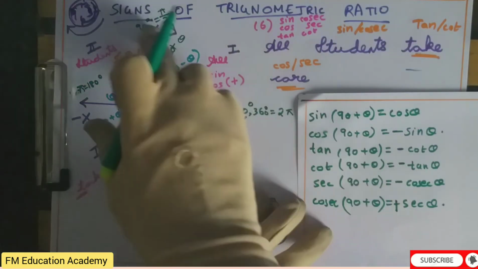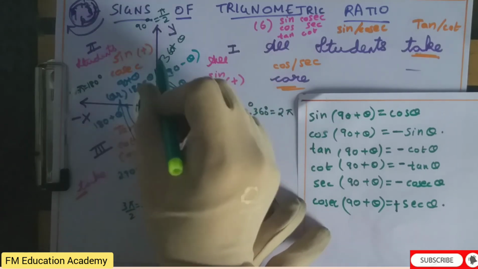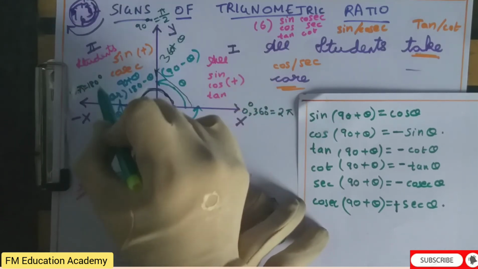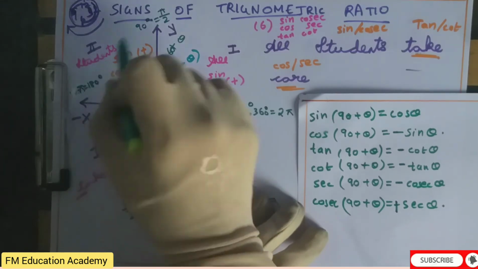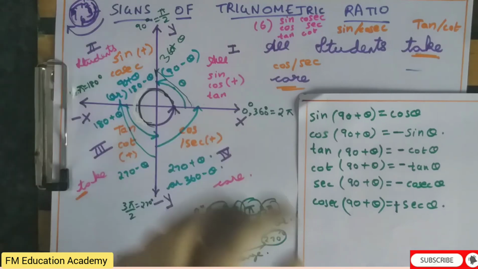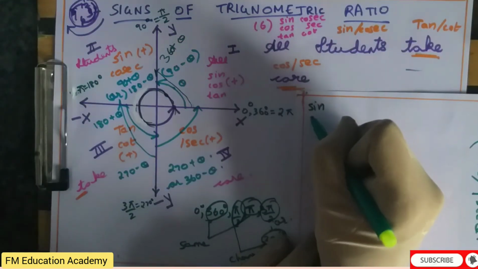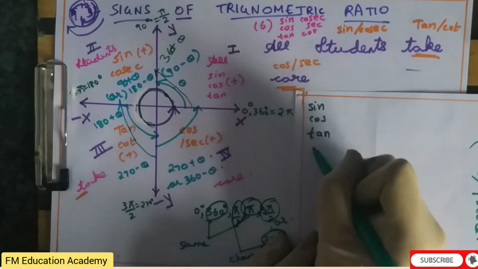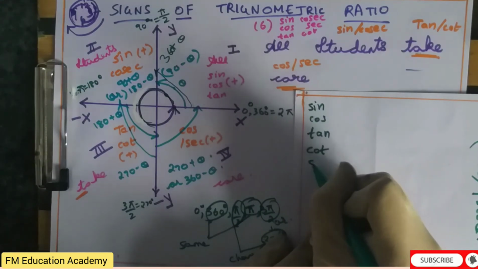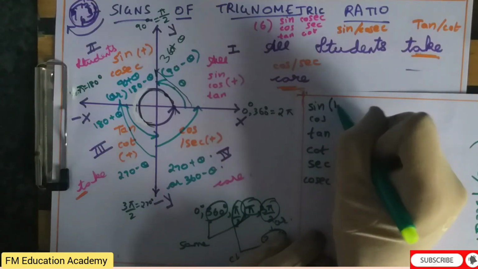So this is for 90 plus theta, when the angle is like this. Now, if the angle is coming like this, 180 minus theta can also be in the second quadrant. So how to write 180 minus theta now? Sine, cos, tan, cot, secant, cosecant. 180 means I'll write 180 only.